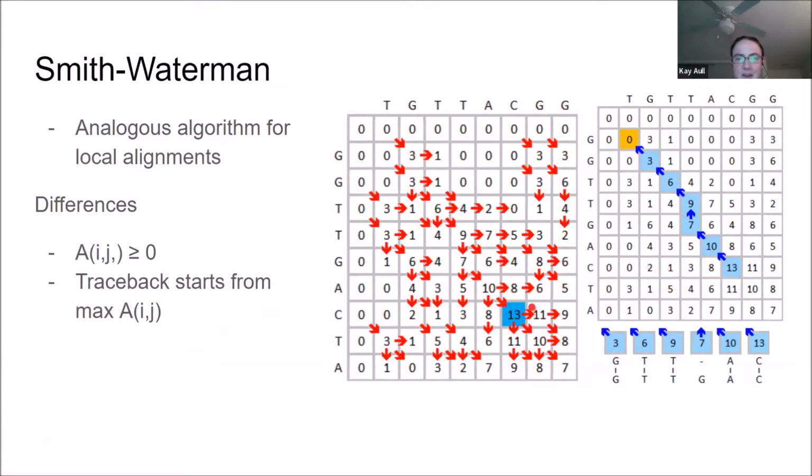So okay, here is where I am furthest above the background, and I'm not necessarily at the end of my sequence, but that's fine. And then starting from that best value, I'm going to trace back just as I did in Needleman-Wunsch, and I'm going to figure out where that value came from.